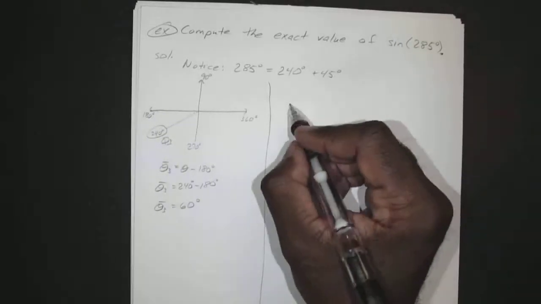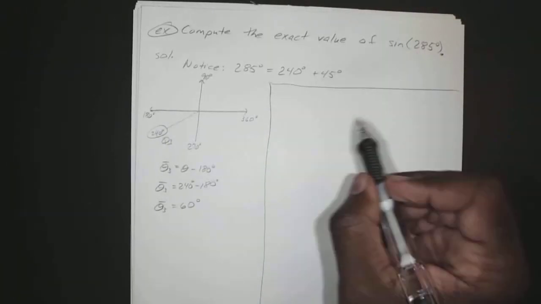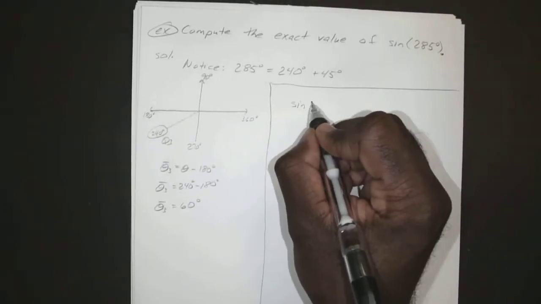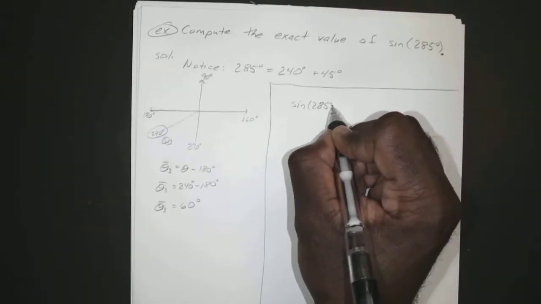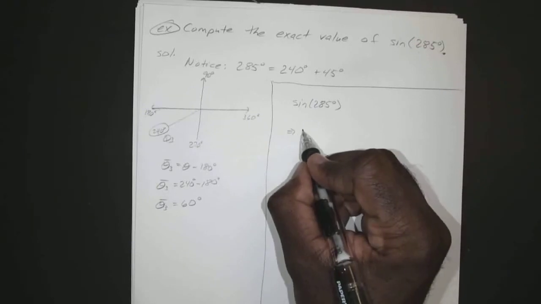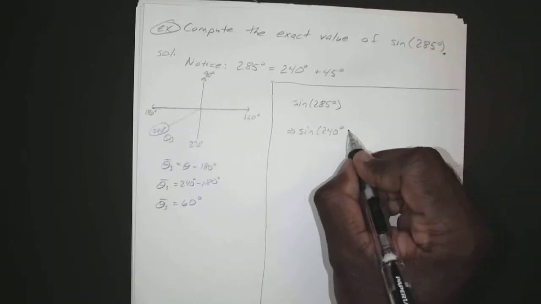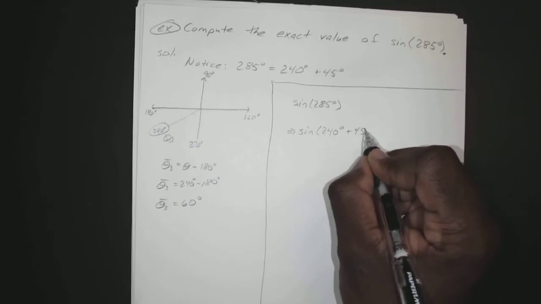All right, so if you have sine of 285 degrees, we already know that that's sine of 240 degrees plus 45 degrees.